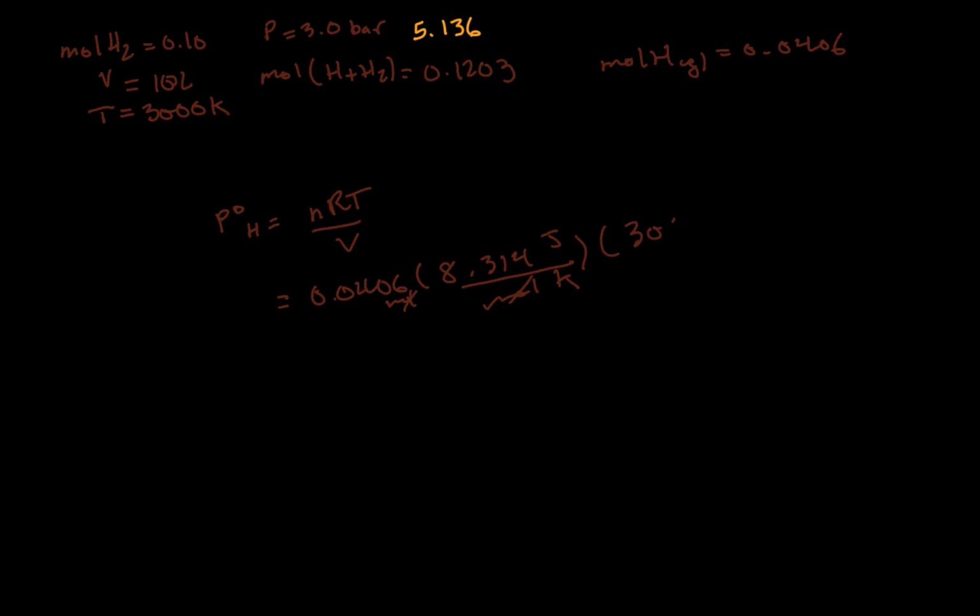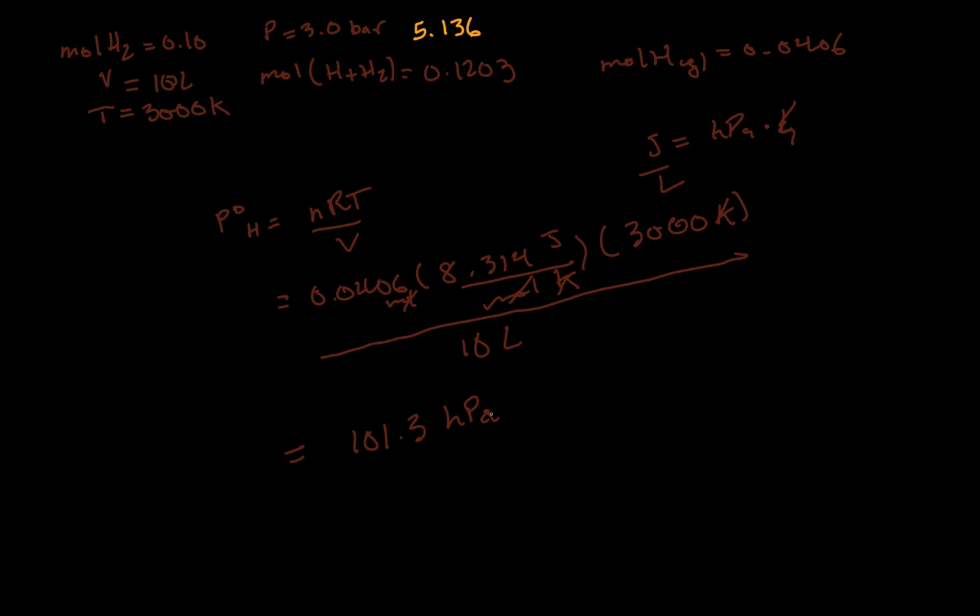That's multiplied by 3,000 Kelvin, so Kelvin is gone. And we're dividing by 10 liters. A joule is equal to a kilopascal liter, so this divided by liters gives us just kilopascals. It gives us a total of 101.3 kilopascals. And there's our partial pressure of monoatomic hydrogen.